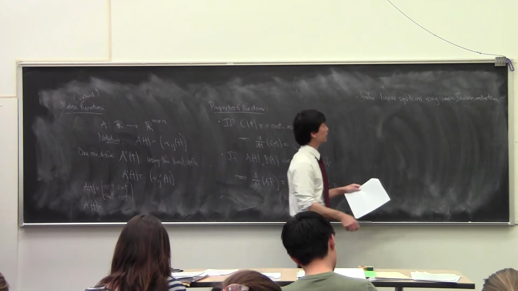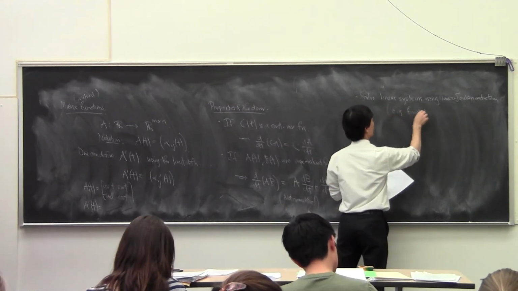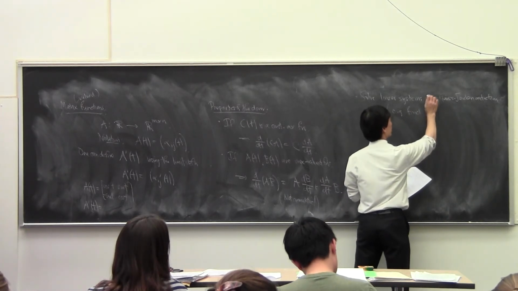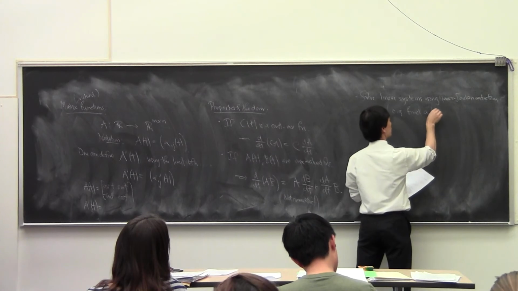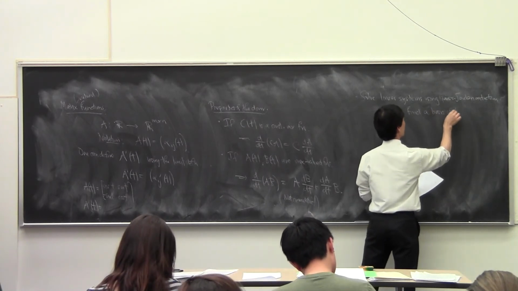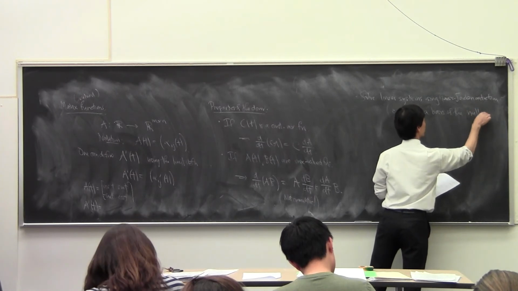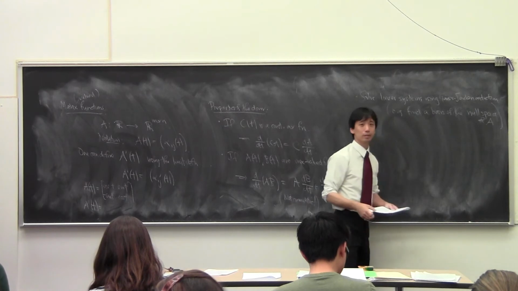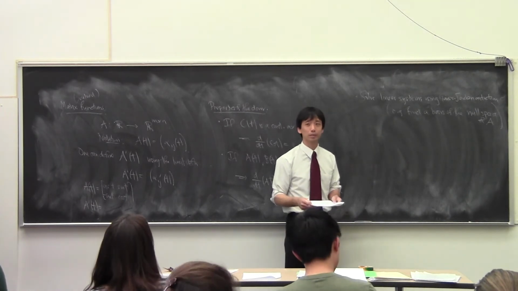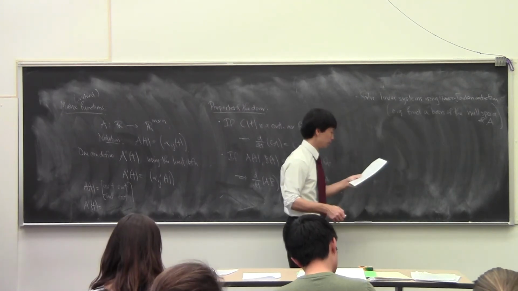Like if somebody says, find, say, a basis of the null space of some matrix, right? Somebody gives you a matrix and says find the null space, and just give a basis of that. Should be able to do that.